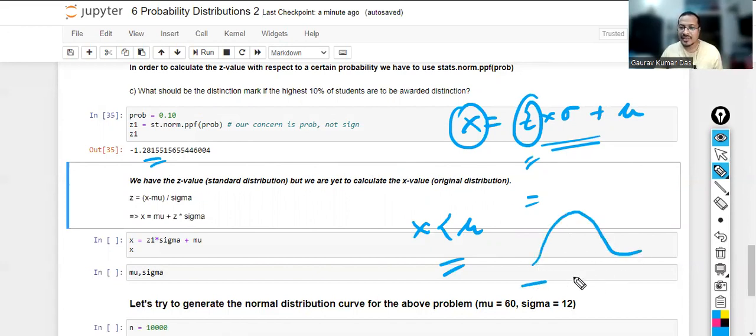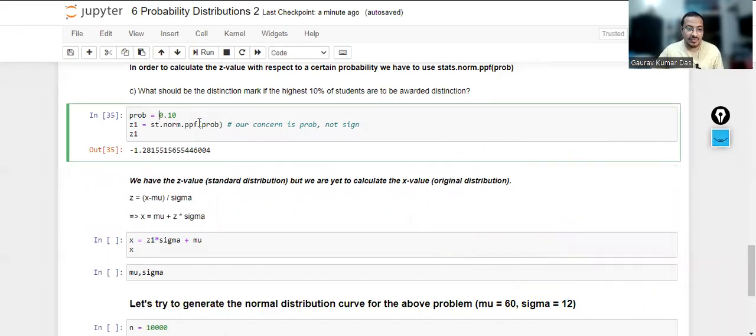Or you can think of it in this way, right? Both sides, 10%, 90%. This area is 10%, this area is again 90%. Top 10 people will obviously be scoring more than the average value. So instead of putting 0.1 here, if I make it 1 minus 0.1, which is 90%, watch what happens.